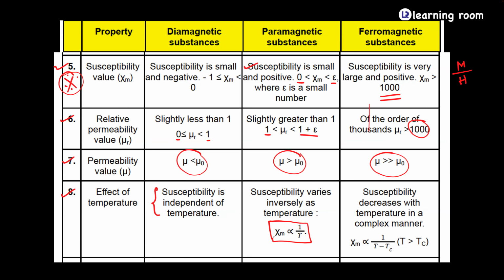Means to make this material lose its property, we need to supply more temperature. So susceptibility will decrease with temperature in a complex manner. It is almost similar except that you have T minus Tc, where Tc is called Curie's temperature.